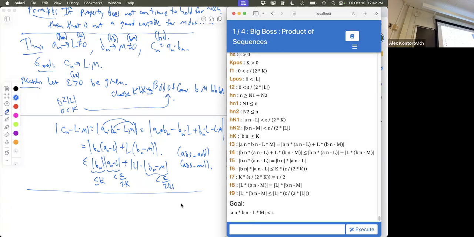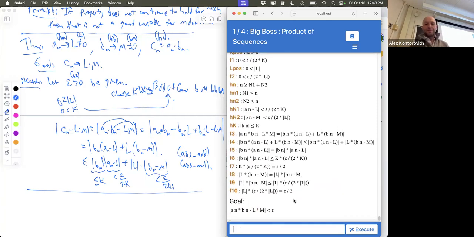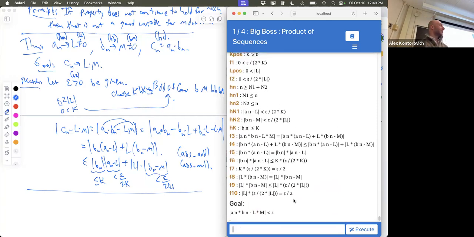All right, great. And now these things add up to epsilon over 2. And have F10 that this is equal to just epsilon over 2 by, again, field sim should just do it. We know that L is positive, but there's nothing to do. Okay, beautiful.